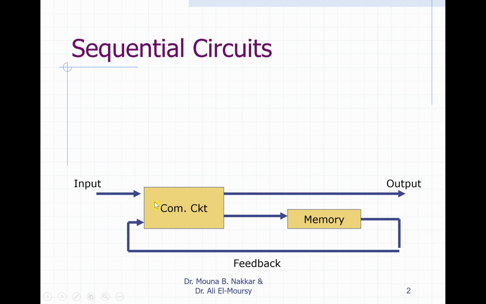So sequential circuits usually have two types of inputs, the external inputs and the internal inputs, as we will go over later in the analysis and design of these types of circuits. The system should have a memory in order to store the data and to be able to feed these data back to the system for further processing.